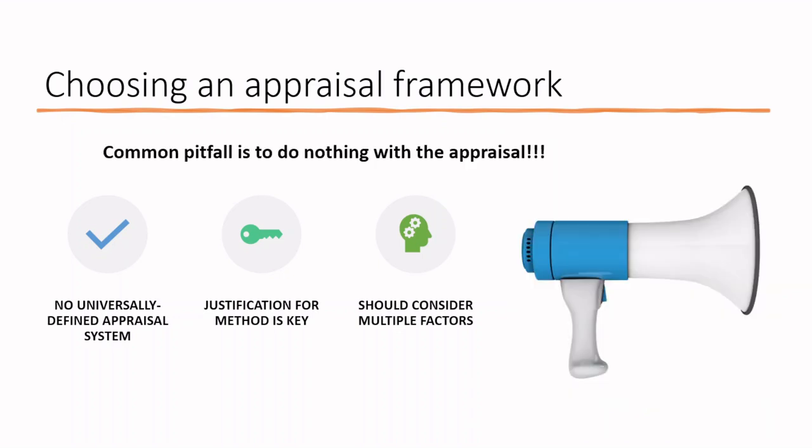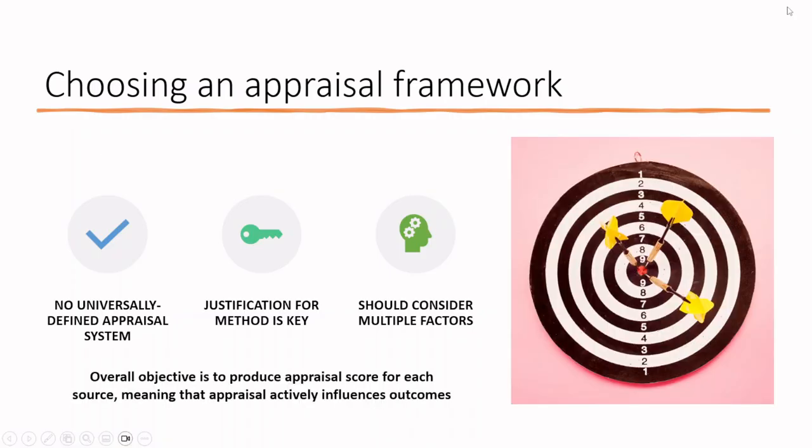The most common pitfall is to do nothing with the appraisal. The overall objective then is to produce an appraisal score for each source, meaning that appraisal actively influences outcomes. It's this appraisal score that becomes a mathematical weighting factor that's applied to results from individual sources. And that's how appraisal gains its expression in the clinical evaluation.